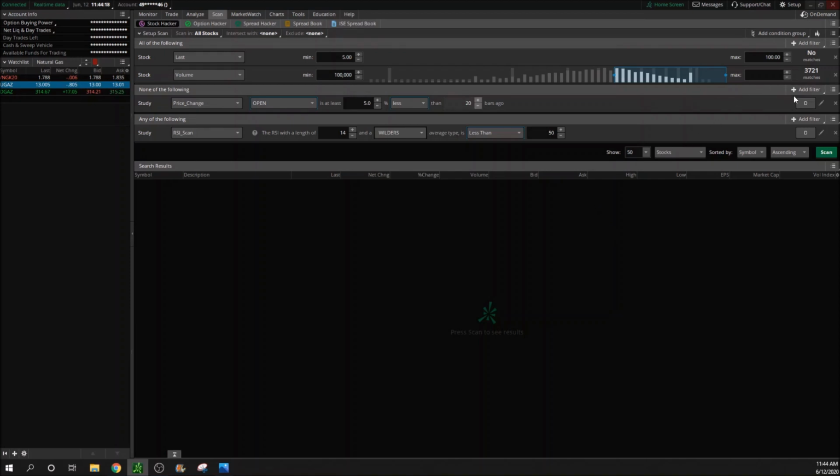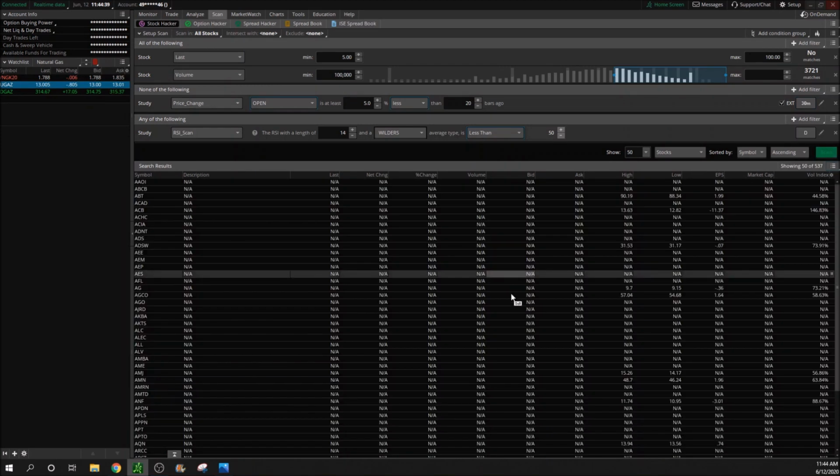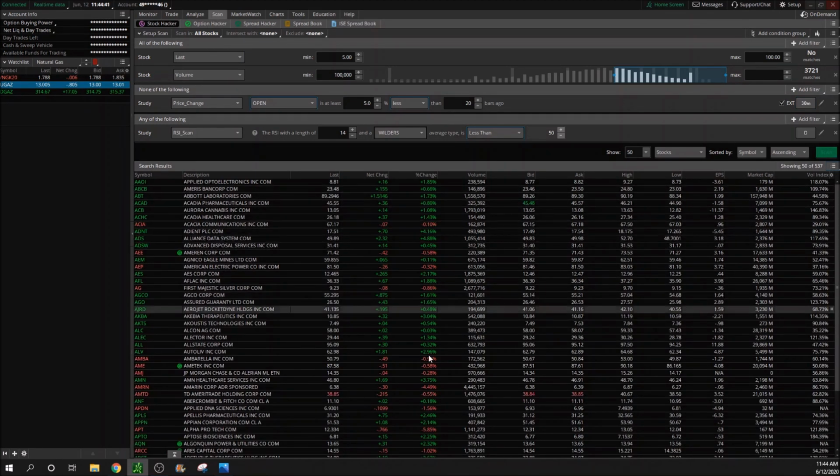Now the other thing we're going to change here on the price change: we have open 5% less than 20 bars ago. We want to change this from the day to the 30-minute, and then we're going to hit scan. So we got a lot of options here.